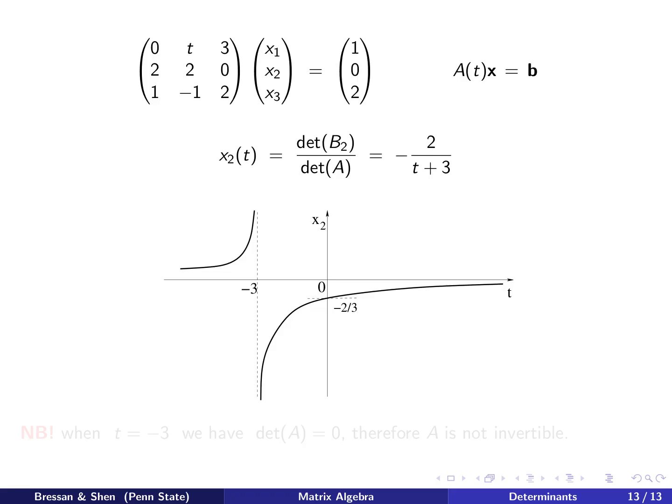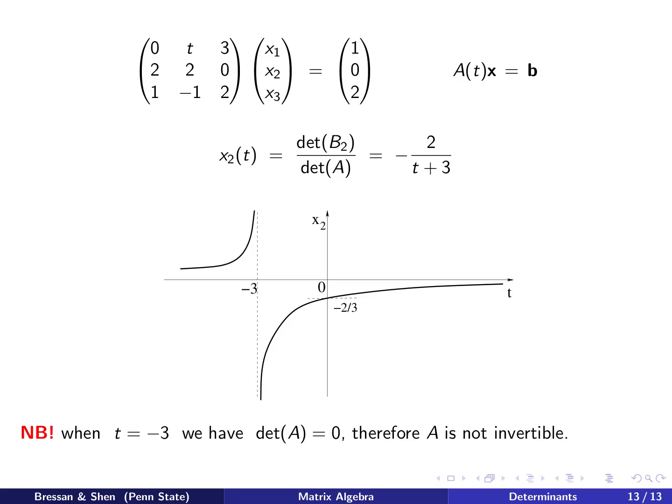On the left of it, you have a function that's increasing and then blows up when it approaches -3. On the right of that, you also have an increasing function, starting from a very huge negative number and coming in, and then as t goes to infinity, it approaches 0. Also, as t goes to -infinity, it approaches 0.